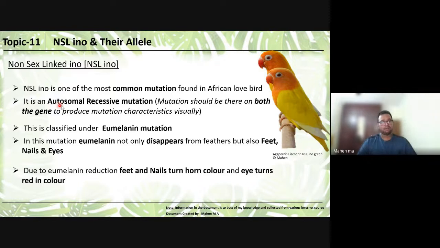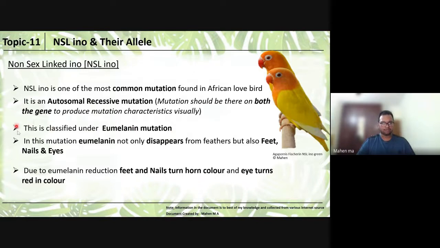It is an autosomal recessive mutation. Okay. In my first session, I had explained what an autosomal recessive mutation is, which means that this mutation should be available in both the genes to produce the visual characteristics of NSL Ino. Okay. So since it is a recessive mutation, and this is classified under eumelanin mutation.